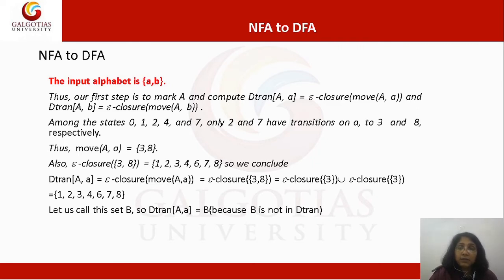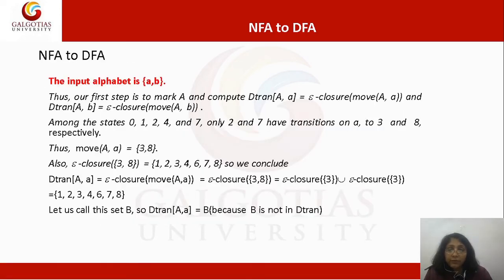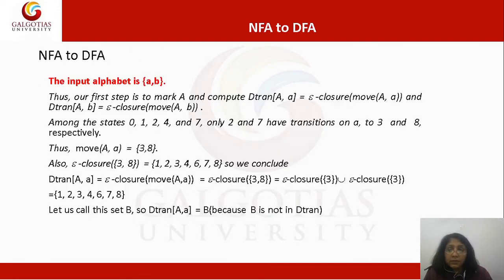Move of A on a means we are going to consider move of all the states which are part of A, that is 0, 1, 2, 4, 7.